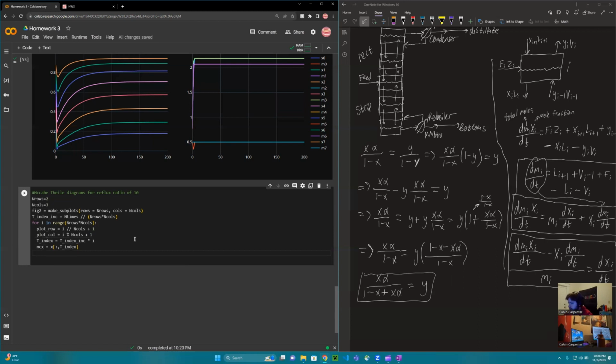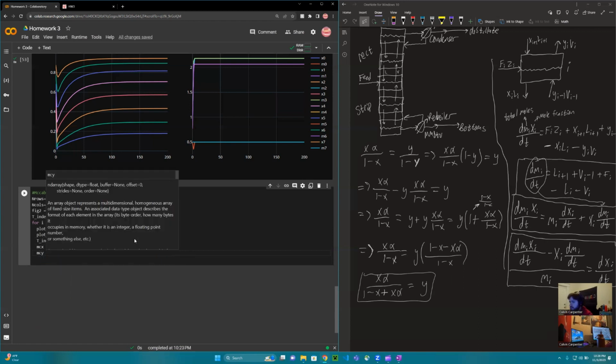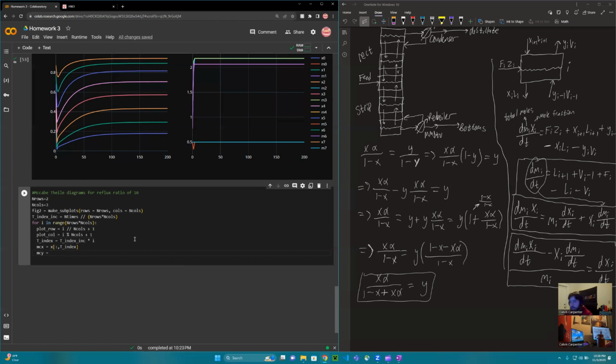Okay. And then MCY is equal to alpha times MCX divided by, in parentheses, 1 minus MCX plus MCX times alpha. Okay.